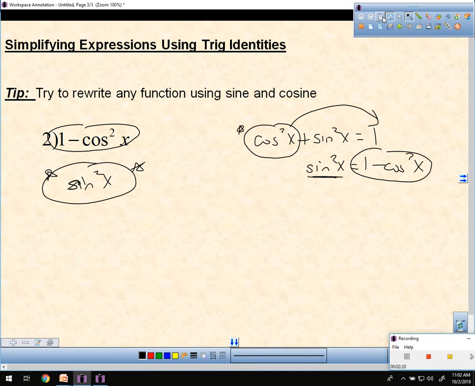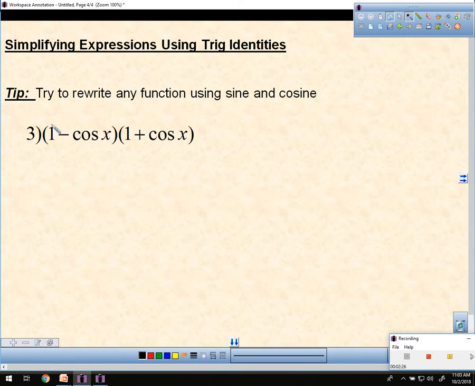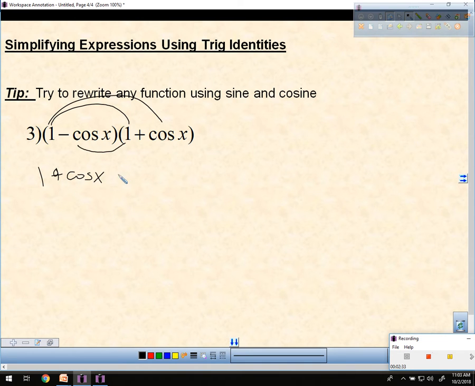Another one, I would FOIL this out. 1 times 1 is 1, 1 times cosine x is cosine x, negative cosine of x times 1 is negative cosine of x, and then negative cosine times positive cosine is negative cosine squared of x. In the middle, the positive cosine of x and the minus cosine of x cancel out.